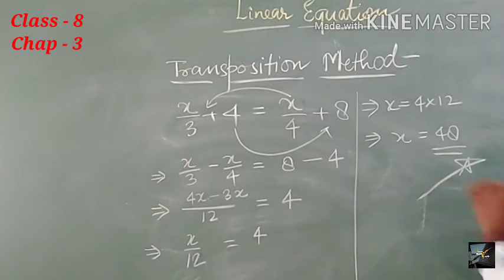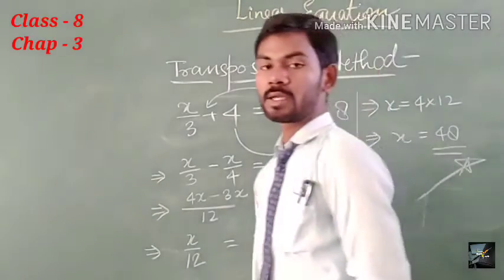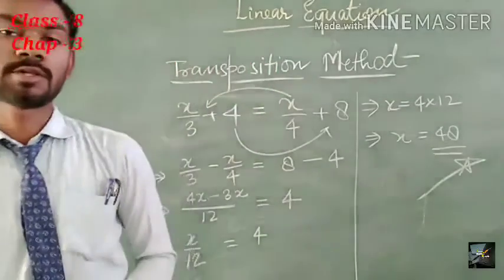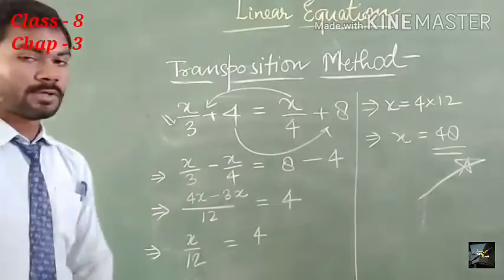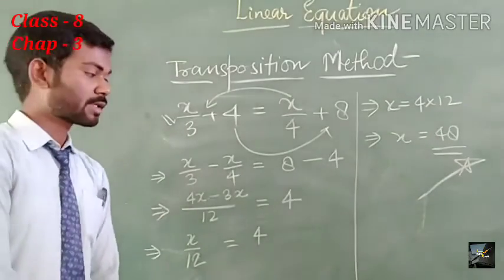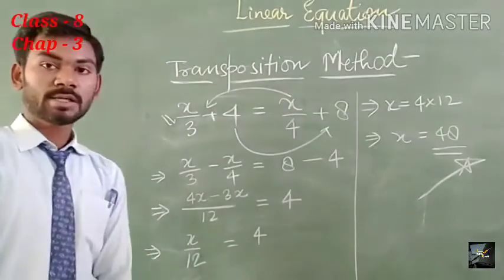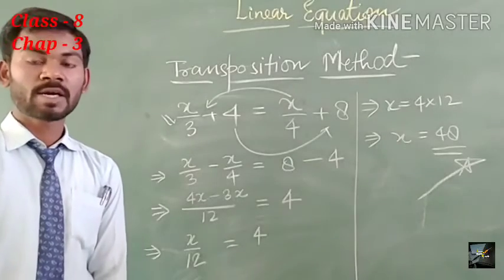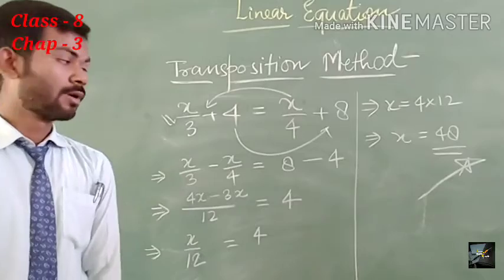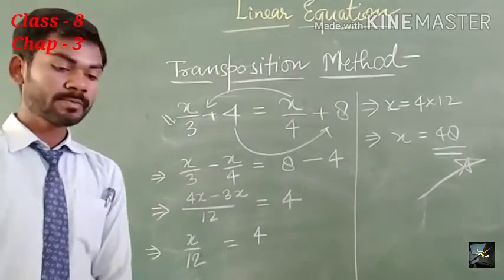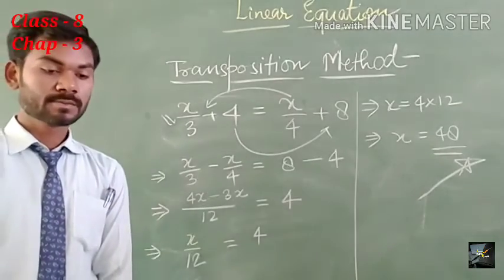Therefore, x is equal to 48 is the required solution of the given linear equation. So, this is the transposition method, and in this way we can find the solution of the linear equation. Okay, so I hope it is also clear.